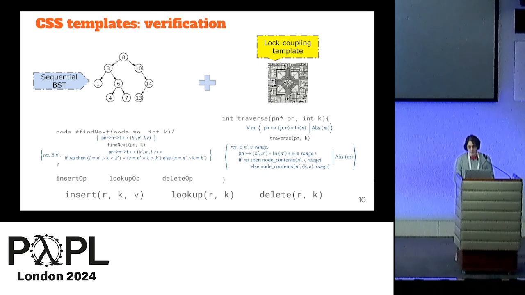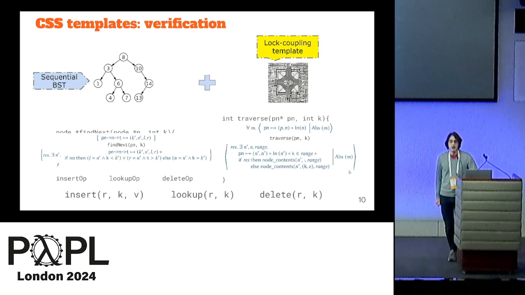Well, the proof of traverse is definitely where most of the proof effort ended up being. So we have to define our abstract state of the data structure, including ghost state and concrete resources that make it up. We have to define invariants for the various locks. We have to define a loop invariant for traverse. But all of this went fairly conventionally.